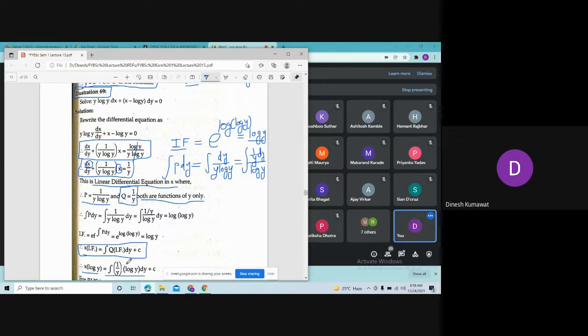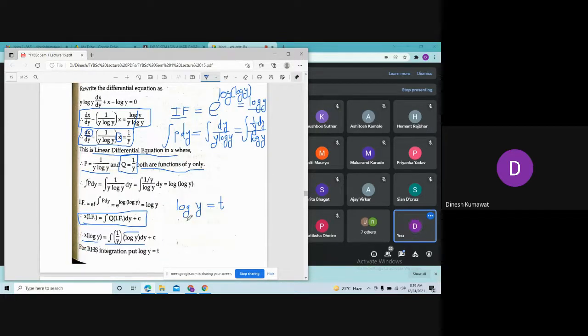Okay, now you can see its derivative is available here, that is 1 upon y. So you just put log y equals to t. Now you differentiate this with respect to y. So after differentiating, this is nothing but 1 upon y, and this is nothing but dt by dy.